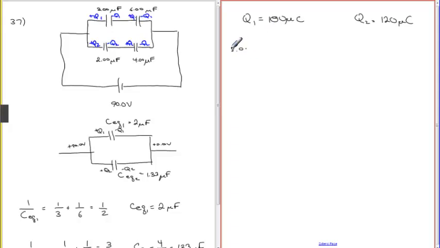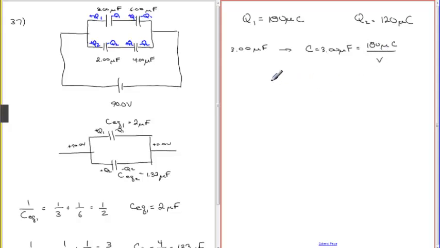If you're looking at the 3 microfarad capacitor for that particular case, the capacitance, which is 3 microfarads, is equal to, this is Q1 with the 3 microfarad capacitor, so we use 180 microcoulombs, and we divide by the voltage.